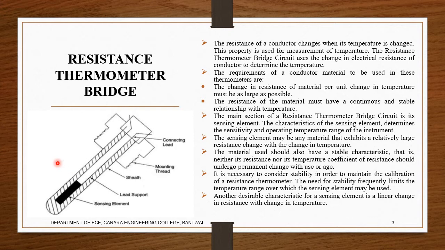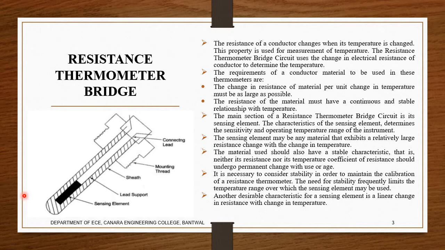As I said, the main part is the sensing element, and its key properties are the sensitivity and the operating temperature range. What do we mean by sensitivity? As we discussed in the error parts, it has to sense even minute changes in the temperature, so that a minute change in temperature also changes the resistance.